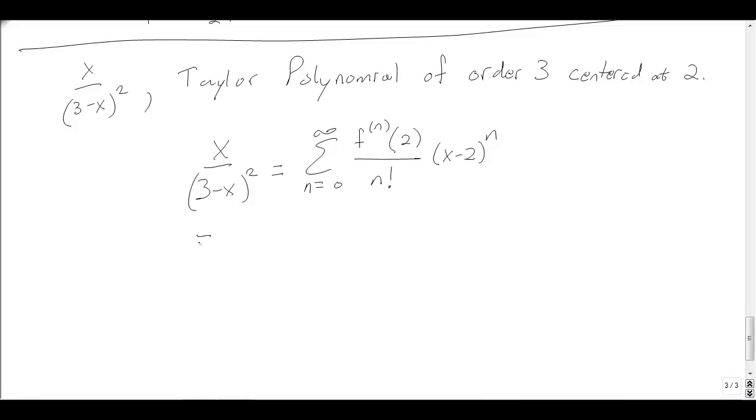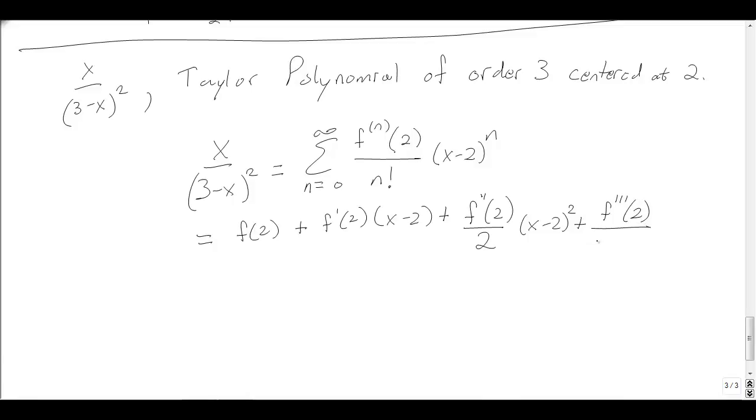And so in the end, if you plug in n equals 0, you're going to get f of 2 divided by 0 factorial, which is 1, times x minus 2 to the 0, which is 1, so just f of 2, plus f prime of 2 divided by 1 factorial, which is 1, so that's really no division, times x minus 2, plus f double prime evaluated at 2, divided by 2 factorial, which is 2, times x minus 2 squared, plus f triple prime evaluated at 2 over 3 factorial, which is 6, times x minus 2 cubed.